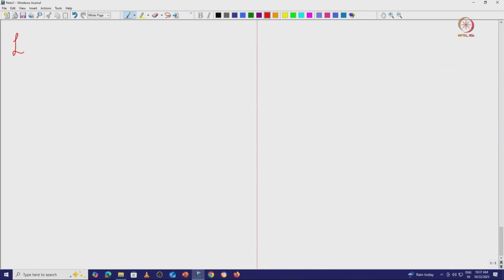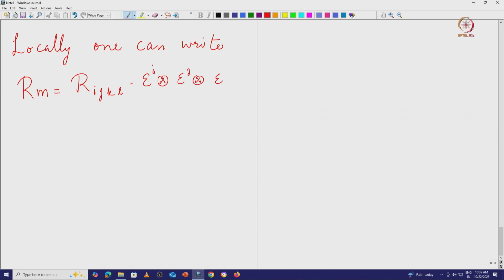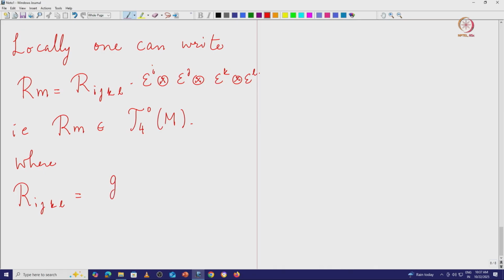So locally again, one can write Rm as R_ijkl, epsilon^i tensored with epsilon^j tensored with epsilon^k tensored with epsilon^l, i.e. Rm is a (0,4) tensor, right, where these local components R_ijkl are simply given by lowering an index in the curvature operator.